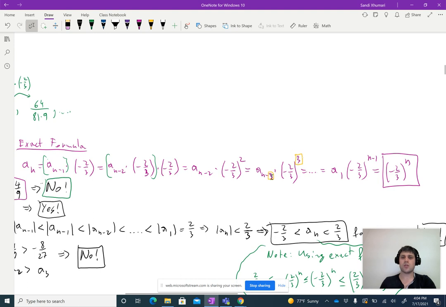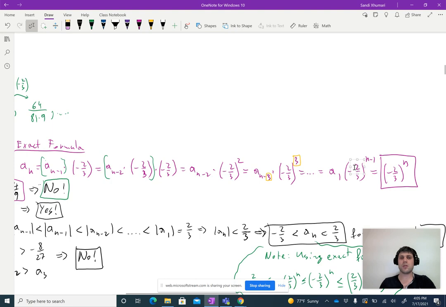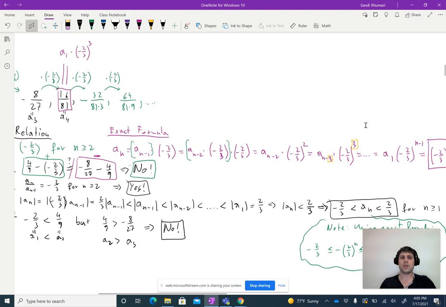So the index here goes down by 1, the exponent goes up by 1. So the sum of the two is always n. Right? n minus 2 plus 2 is n, n minus 3 plus 3 is n. So in general, if we keep going all the way down to a sub 1, we're going to get the ratio here, negative 2/3 to the n minus 1 power. And a sub 1 is negative 2/3, so that just adds one more factor here, and we get the exact formula. I didn't ask for this, but it is useful nonetheless to have that, as we'll see here down below.